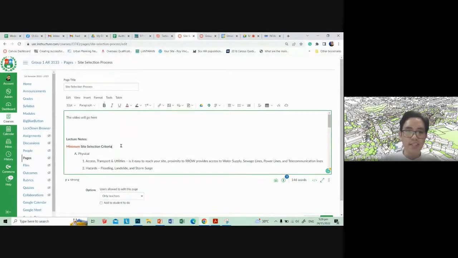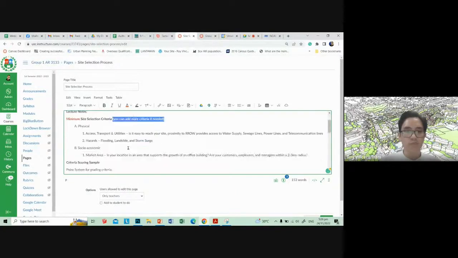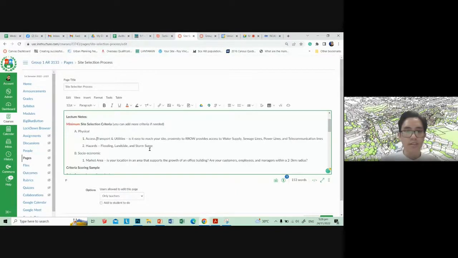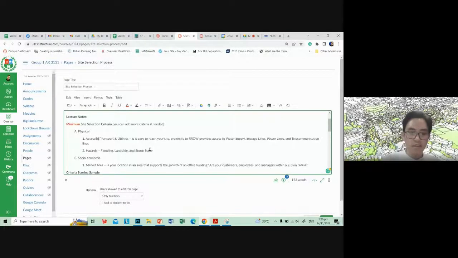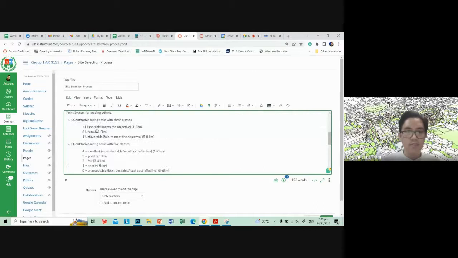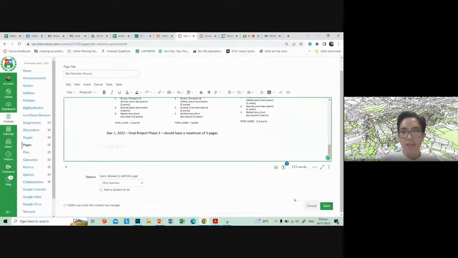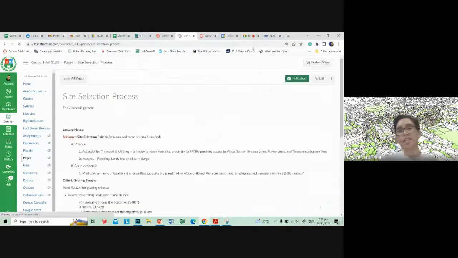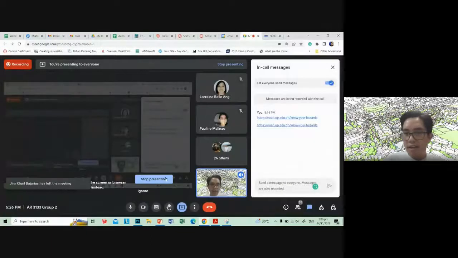Minimum, meaning you can add more criteria if needed. Let me just make that unbold. It says accessibility. Okay. Market area, supposed to be minus here, and site within my expectation. Sige. So with that, are there any questions?